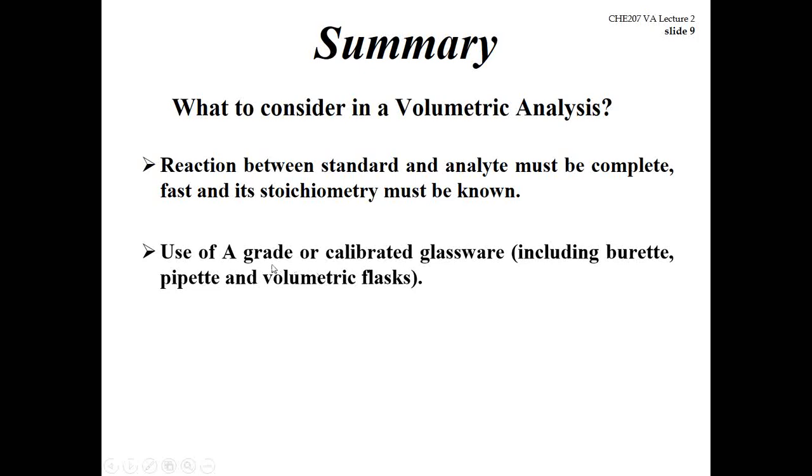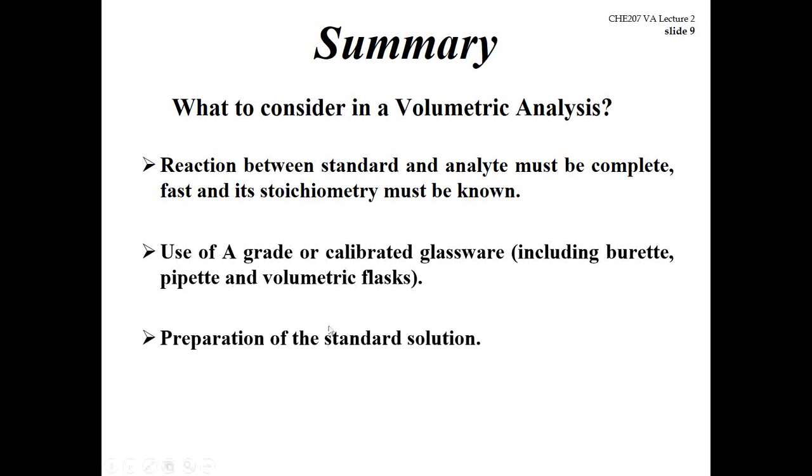We need to use A-grade glassware. For very accurate work, we need to know how to calibrate the glassware, and we have to use calibrated glassware. This includes the burette, pipette, and volumetric flask.